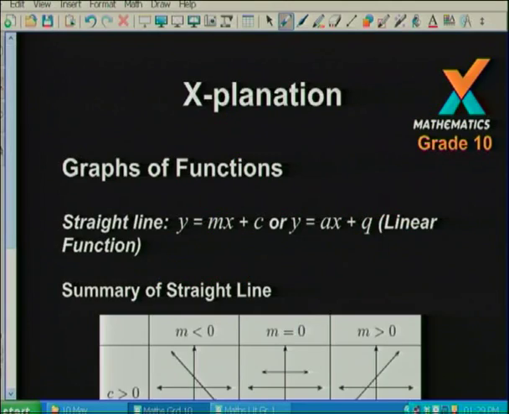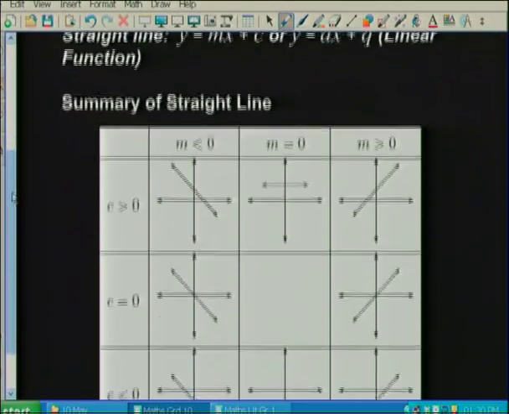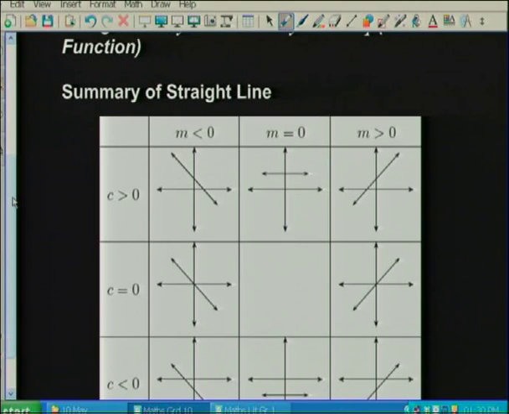Right. Now, let's quickly have a look at a summary of straight line graphs. If we have a look at our first picture over here, this is a graph with a negative gradient. It's running downhill from left to right. Its C value is bigger than 0 because its y-intercept is on the positive y-axis.